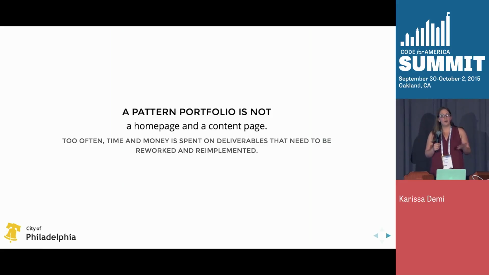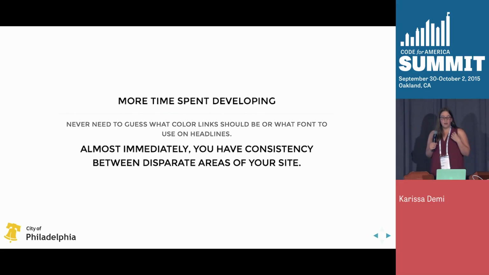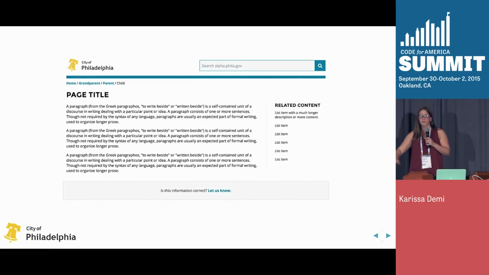Well, the pattern portfolio eliminates those problems, and it gives you almost immediately consistency between different areas of your site. So what you get is more time spent on actual development, instead of trying to rework a mock-up that you got from an outside company. So, for example, you see a mock-up, right? You get it.